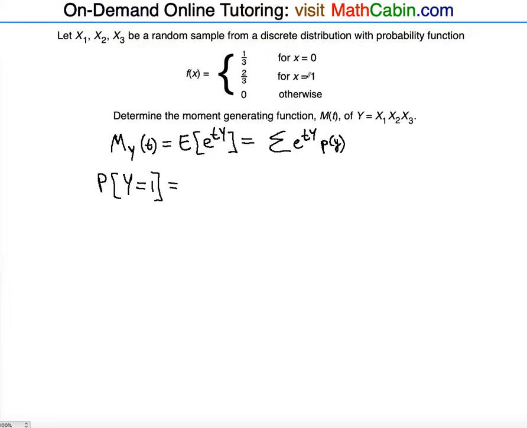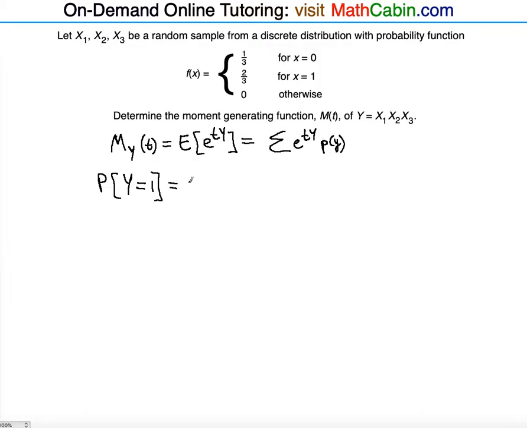That's only possible if each of these x random variables is equal to 1, because if one of them is equal to 0, then y will not be equal to 1. Y depends on these three random variables, so all of them must be equal to 1.